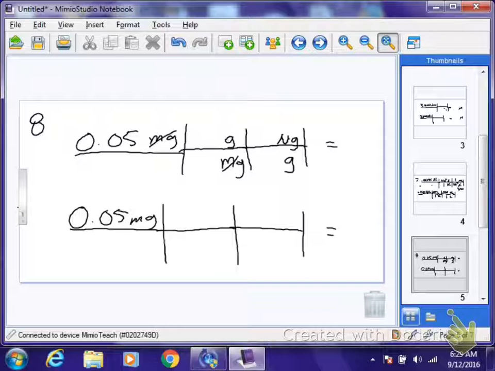Remember we put a 1 in front of the prefix all the time, based on that chart. When we look at the milli, we see a -3 there. So that would be 1 times 10 to the -3, or 0.001 we'd multiply by.